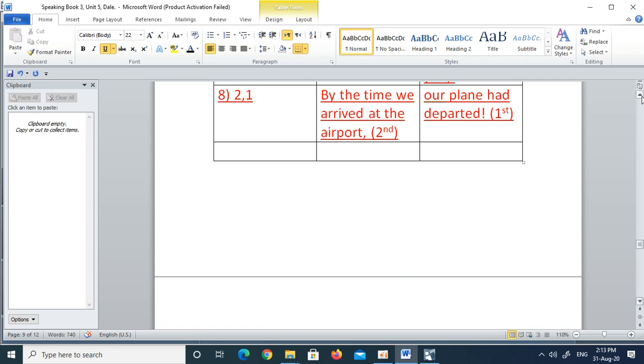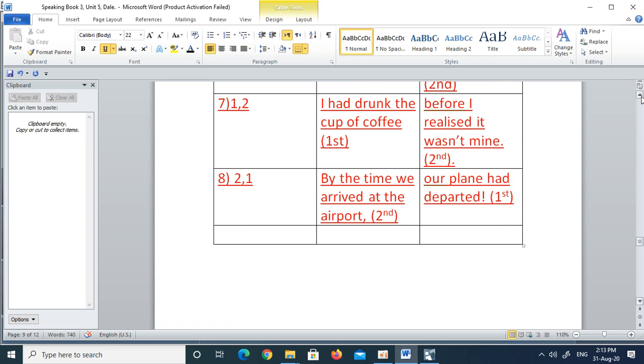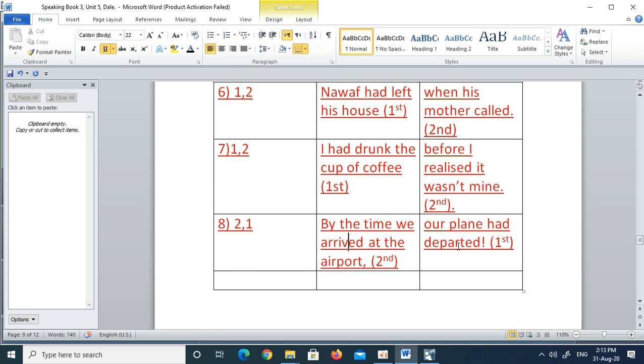So as you can see, sometimes we mention the earlier action second, sometimes we mention the earlier action first, but every time the earlier action will have that word had, and that tells you it is the earlier action.